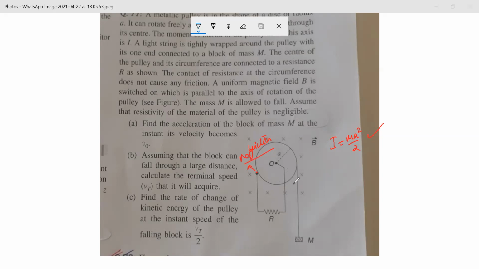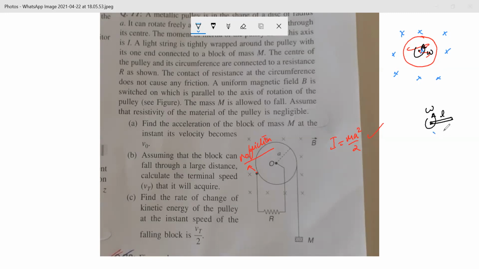So basically this is motion generated EMF. When you have a metallic disc like this, rotating in a uniform magnetic field, that rotation of the disk creates a potential difference. Suppose omega is like this. If omega is like this, then it is equivalent to a rod of length L rotating about this end at omega in a magnetic field.